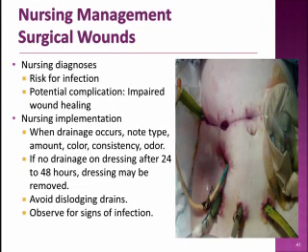When drainage occurs on the dressing, note and record the type, amount, color, consistency, and odor of drainage. Also assess the effects of position changes on drainage. Notify the surgeon of any excessive or abnormal drainage or significant vital signs. The incision may be covered with the dressing immediately after surgery.